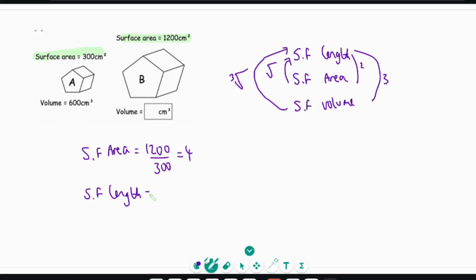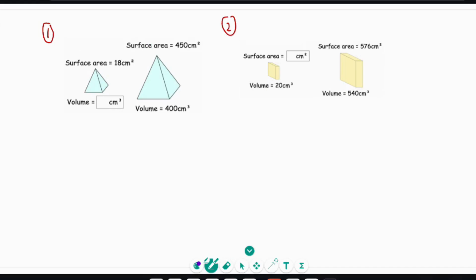Square root 4 is 2. Now we know scale factor for length, we can find scale factor for volume. So let's cube. 2 cubed is 8. So now we can find our missing volume by multiplying by 8. So 600 times 8 is 4,800 for the volume.